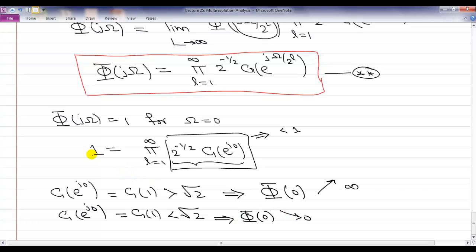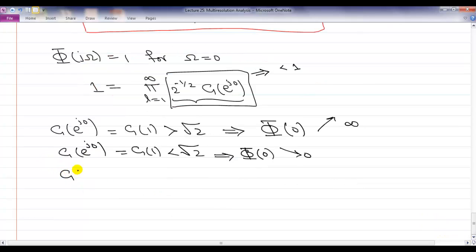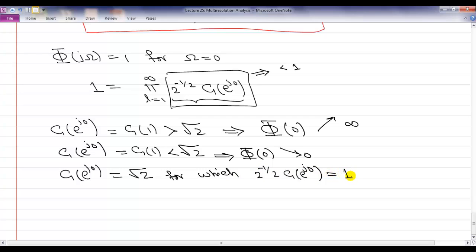So the only way that you can have phi of 0 equal to 1 is if g of e to the j0 was equal to square root of 2, in which case 2 to the minus 1/2 g of e to the j0 will be equal to 1. And you can multiply 1 infinite times and you'll get back 1.